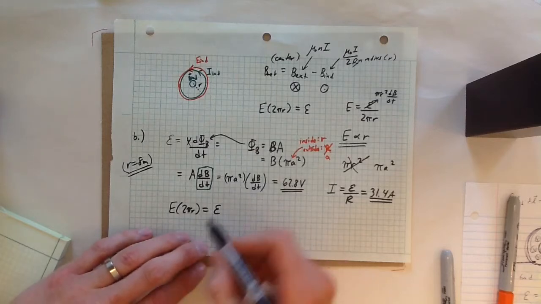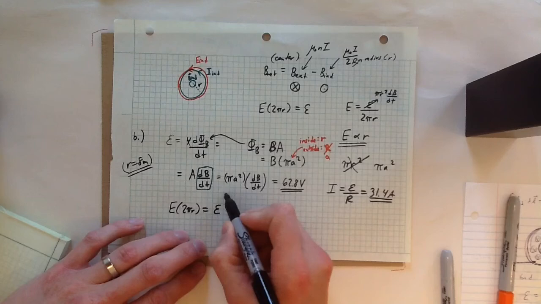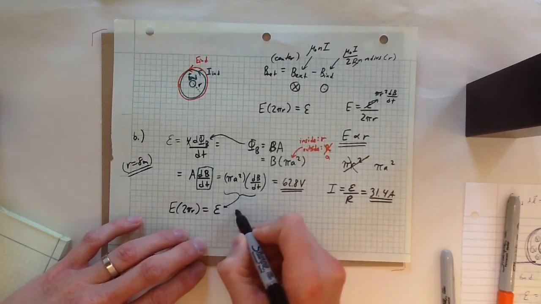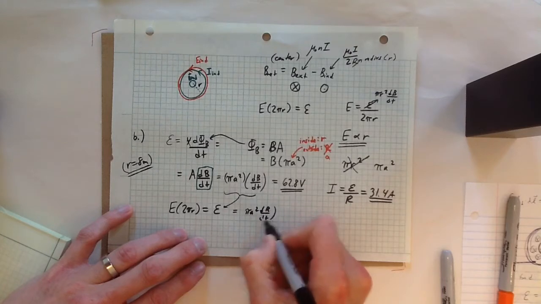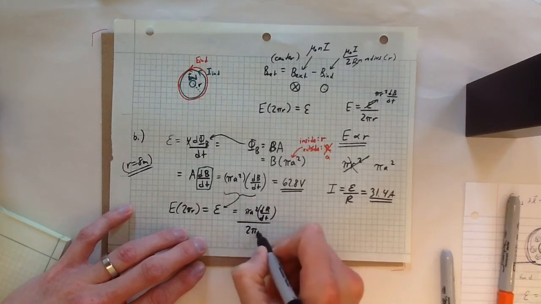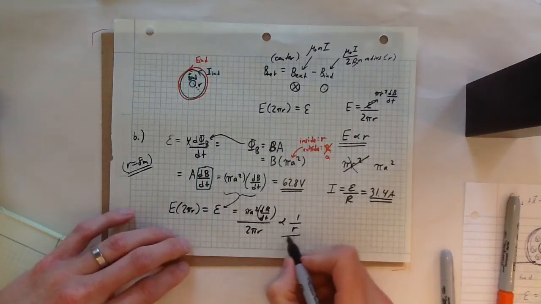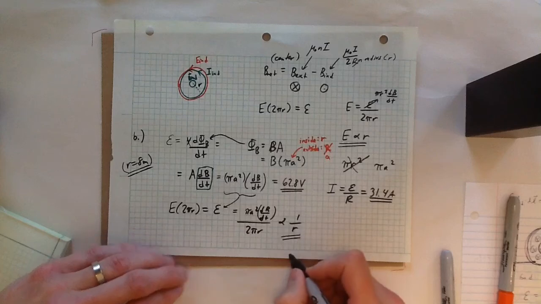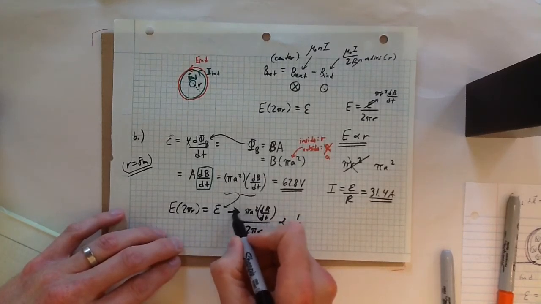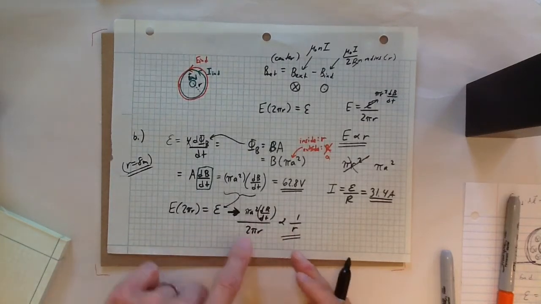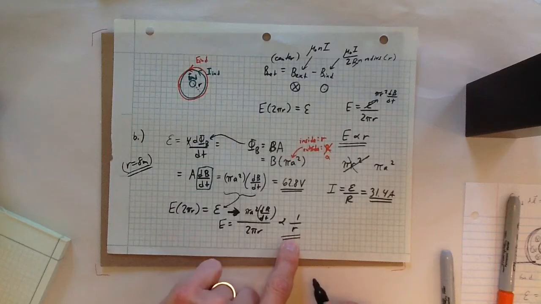Or, let me not spoil all the fun here, but I'll put this in here, pi a squared dB/dt, and you divide this by 2 pi r, and you're going to get something that's proportional to 1 over r. So I divide it over here to get the electric field, and it is proportional to 1 over r.